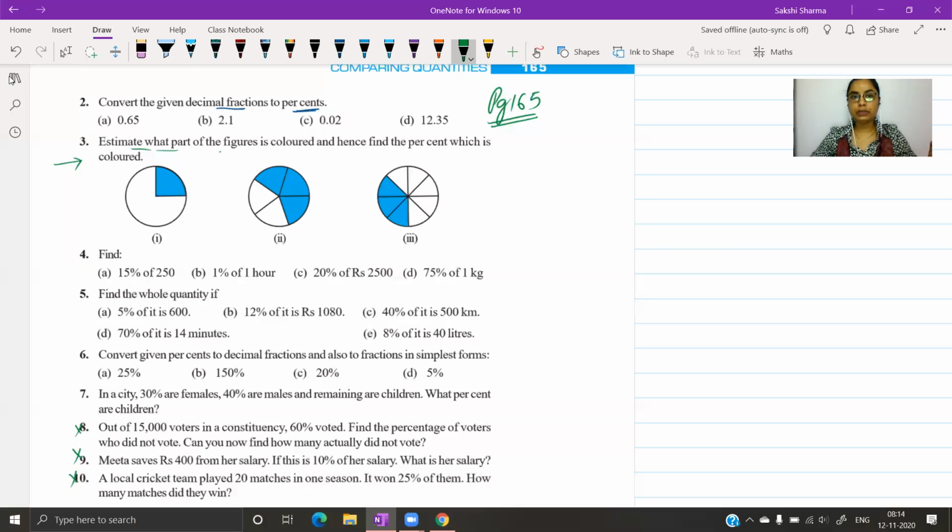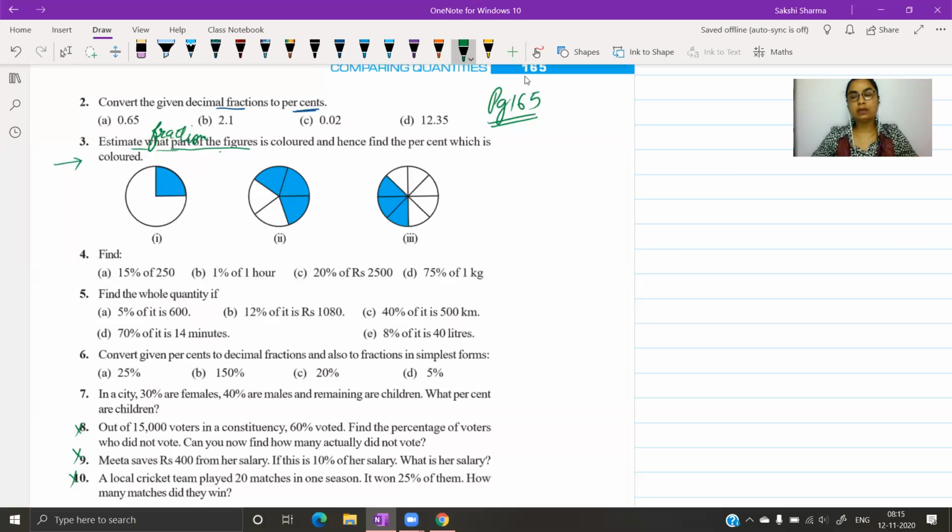So first of all, you need to write down a fraction when they're asking you to identify what part of the figure, part of anything is represented by a fraction. So we will be writing down the fraction of the figure which is colored or shaded, and then we will find out the answer in percentage.